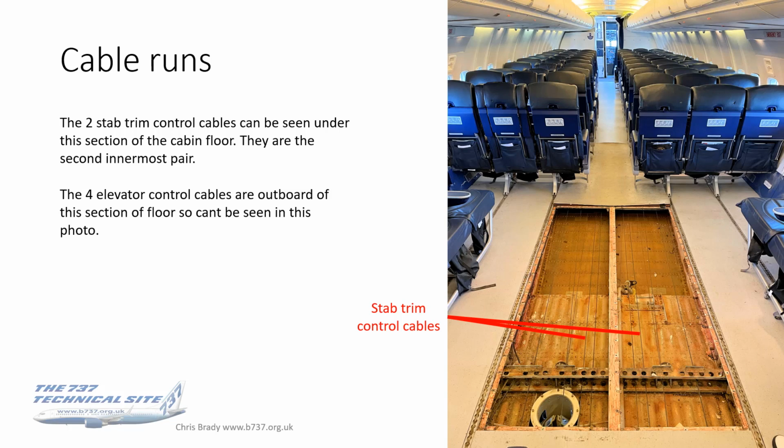What you can't see on this photograph are the elevator control cables because, as you can see, that particular section of floor there is quite busy, and the elevator cables, like several others in actual fact, have been diverted to route further outboard of this area here. So I can't show you a photo of the elevator control cables, at least not in this location, but we can see them at the back of the aircraft in a later photograph.